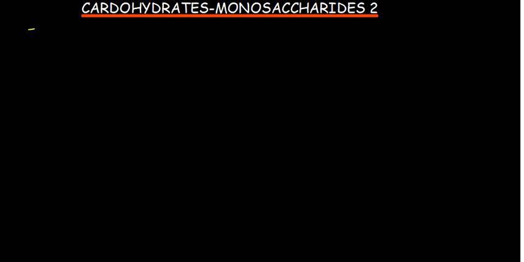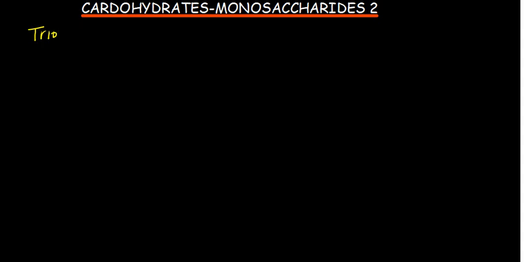Now, the general function of trioses. What is the function of trioses? Of course, all monosaccharides are used as direct sources of energy, but specifically, trioses are used during glycolysis.